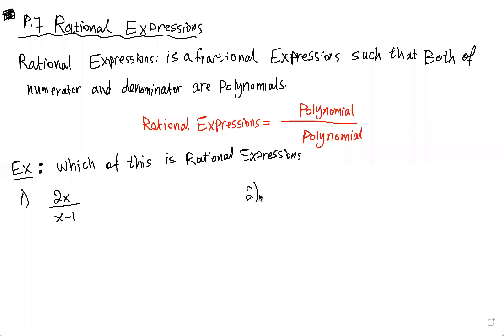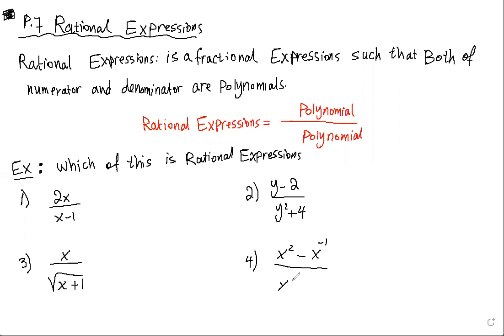Number 2, y minus 2 over y squared plus 4. Number 3, x over square root of x plus 1. Number 4, x squared minus x to the minus 1 over x to the power 1 over 3 plus 2.